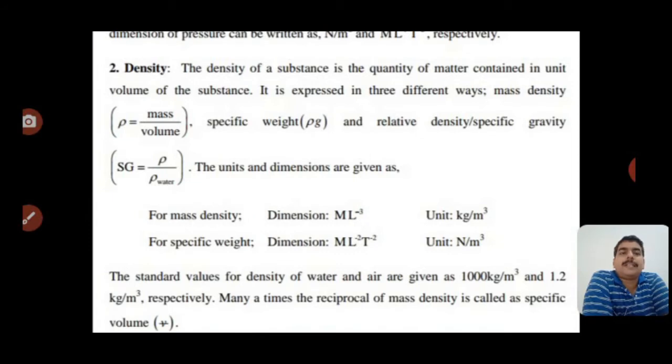Now for specific weight, the unit is Newton per meter cube: a particular volume has how much force. This is the specific weight, in Newton per meter cube, and its dimensional unit is ML^-2 T^-2.